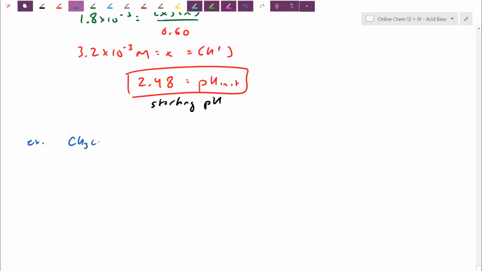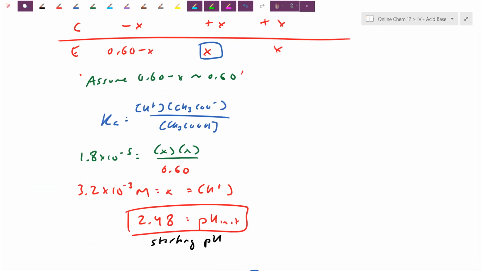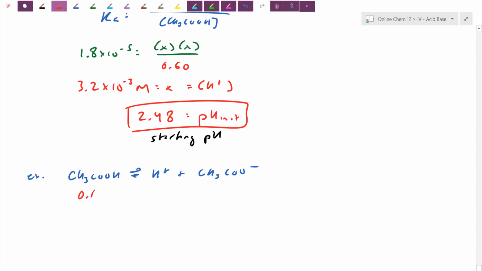Let's rewrite the equation. We'll end off with this one. So we have acetic acid, H plus, and acetate. So far, based on my amounts, with the assumption, I basically have 0.60 left over. We have H plus, that's a really tiny number, so that's going to be small to begin with. That's the initial condition here.